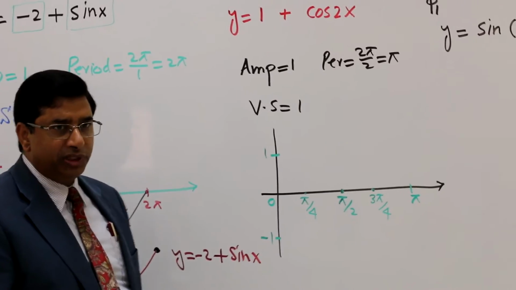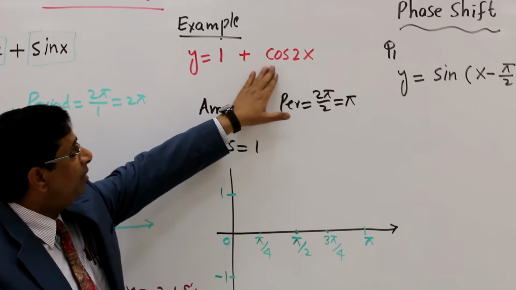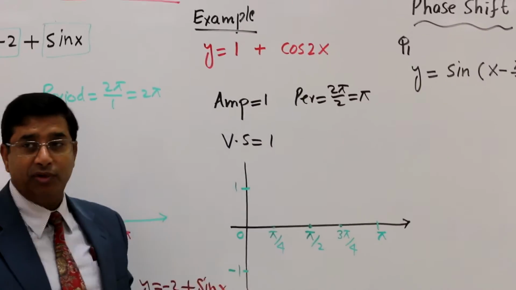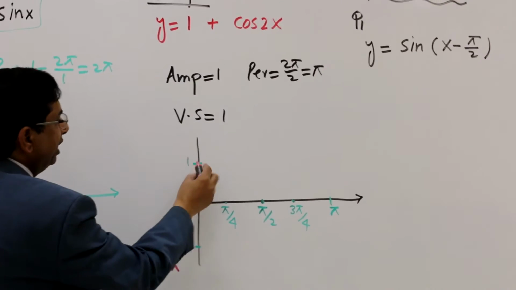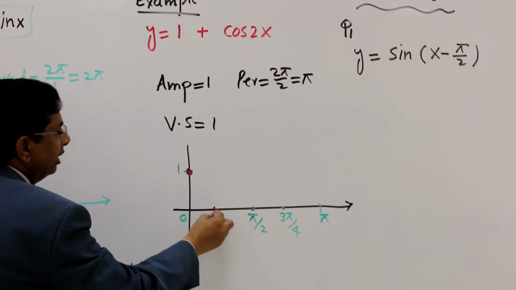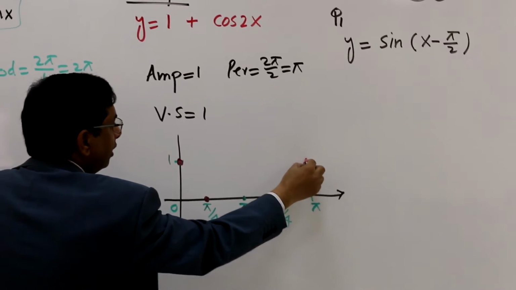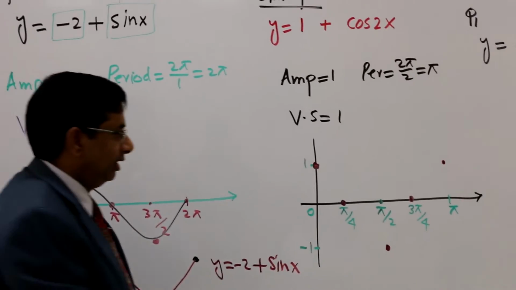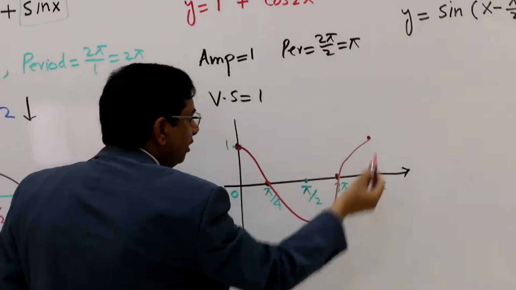Now, we look for the graph. You know the shape of this cosine function, and cosine always starts from 1. If it is starting from 1, the first point is here, then here, this way. So you take these points and join them with this curve.